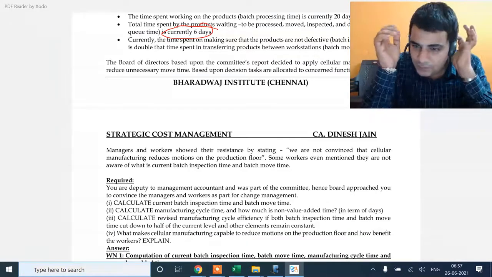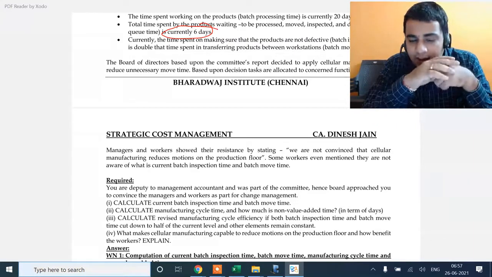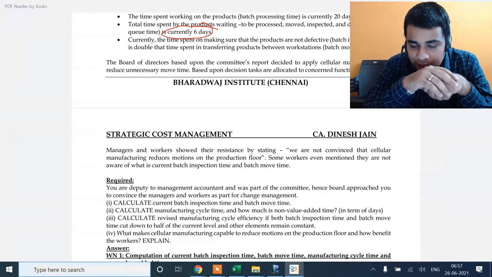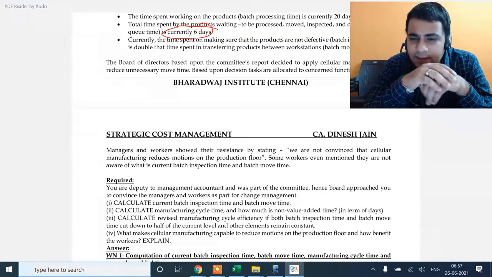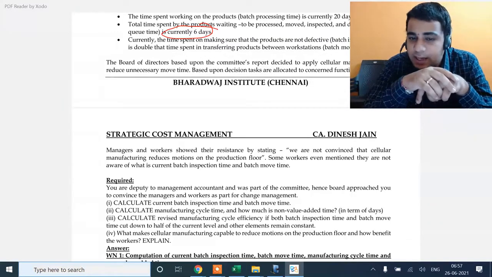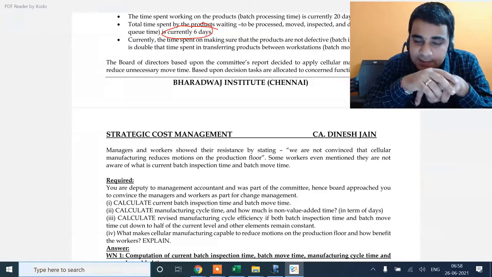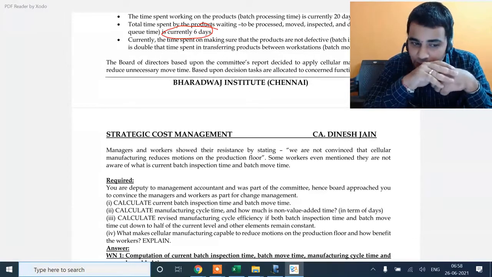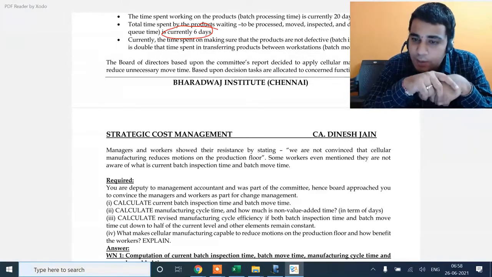Now, one thing you will have to understand is that whenever an organization is trying to implement anything new, for example business process re-engineering, process innovation, Six Sigma, employees would initially start showing resistance, because they feel there is some uncertainty about what is going to happen in future.